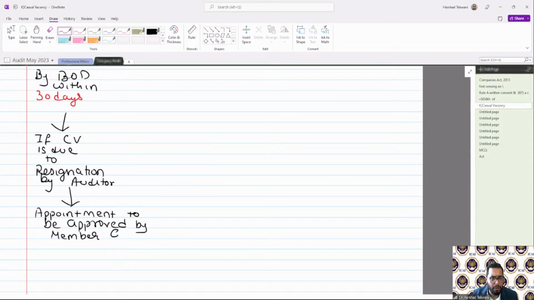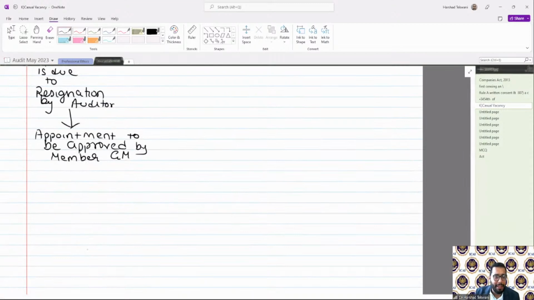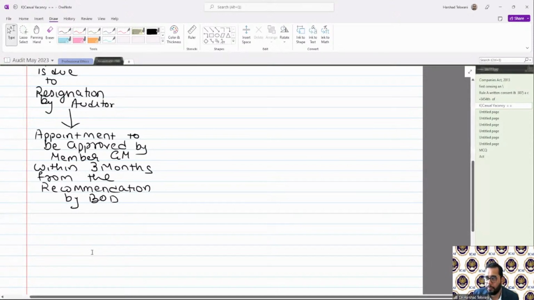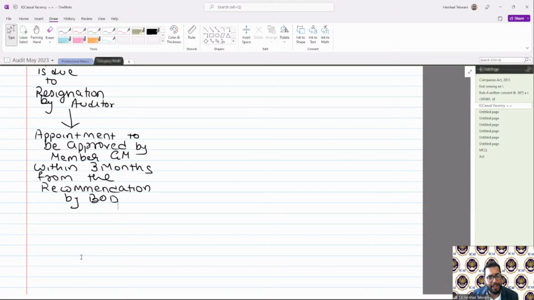They can call an extraordinary general meeting, or whatever it is, a general meeting, within 3 months from the recommendation by the board. Once the auditor is appointed, he shall hold office till the conclusion of the next annual general meeting, because when the board of directors appoints, he holds office till the next general meeting, till all the procedures are complied with.